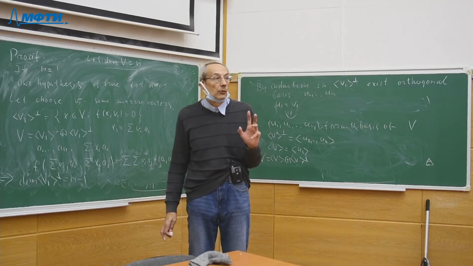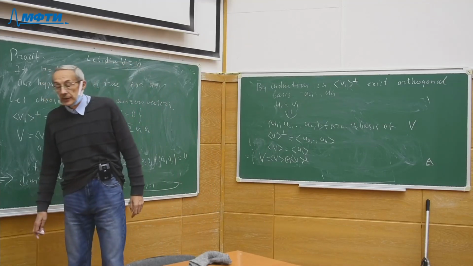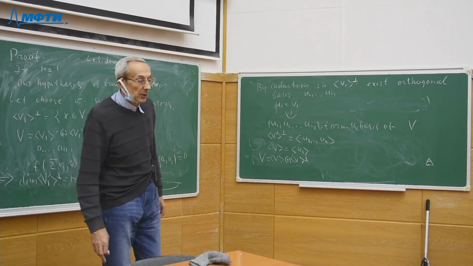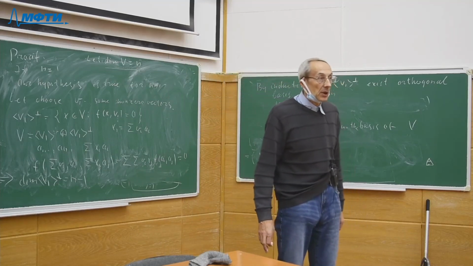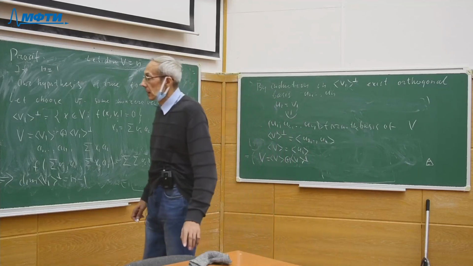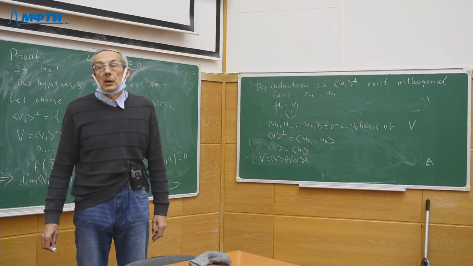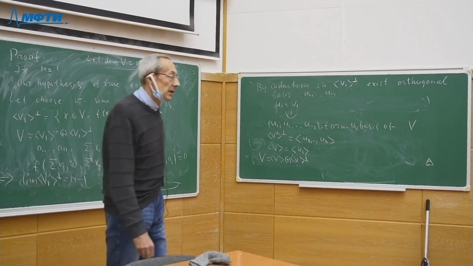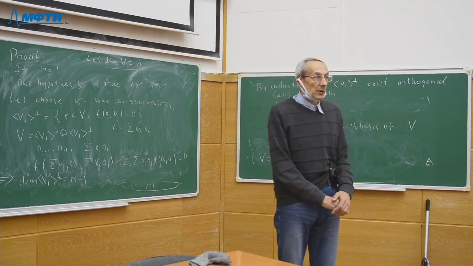One of them uses the so-called Lagrange method to find an orthogonal basis, and the other is Sylvester's criterion, and this criterion contains a third method to find this orthogonal basis.